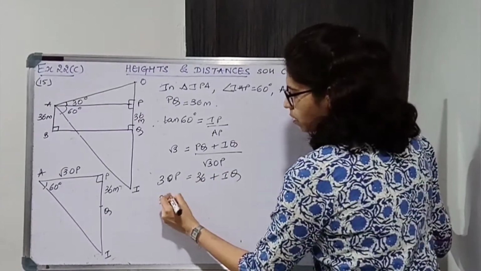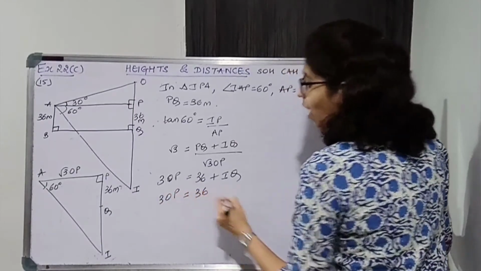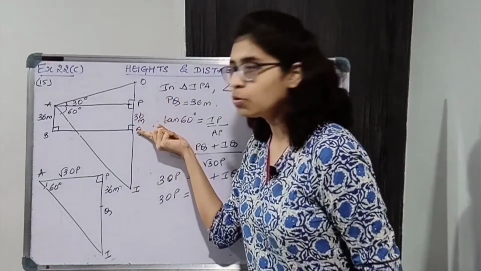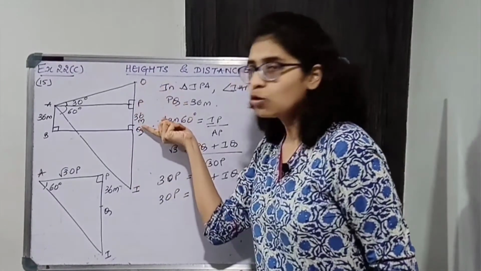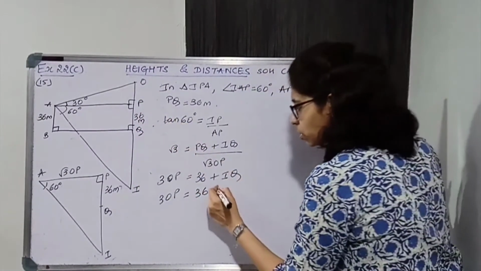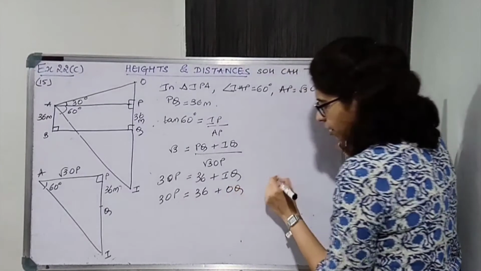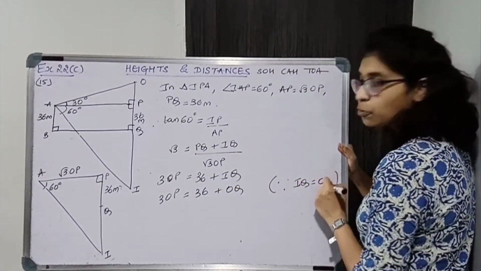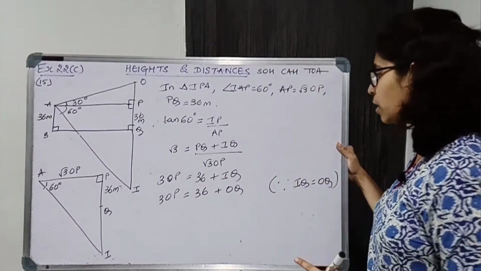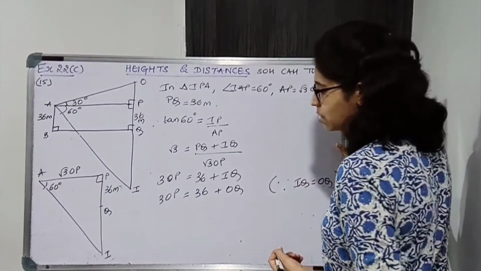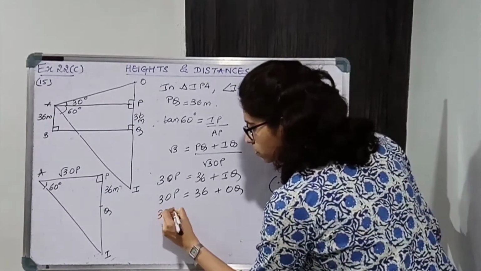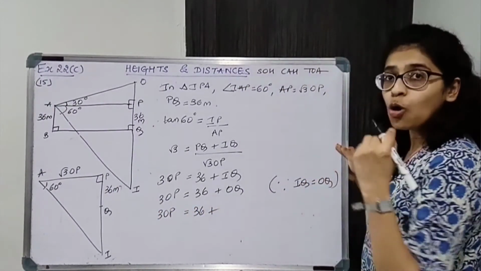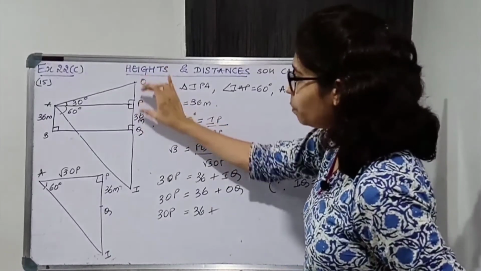Now IQ is equal to OQ. Image distance is equal to object distance. So I'll substitute OQ over here. Write down, since IQ is equal to OQ, we proved that earlier in the beginning. Now 3 OP is equal to 36 plus OQ, and OQ is OP plus PQ.